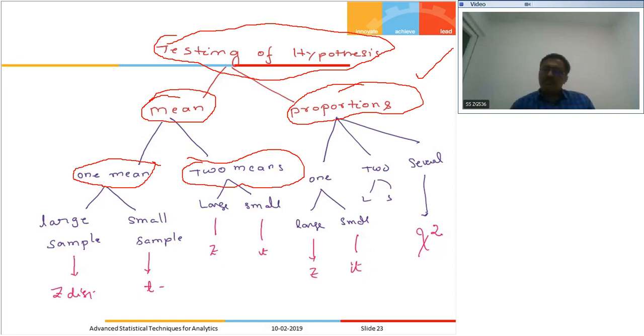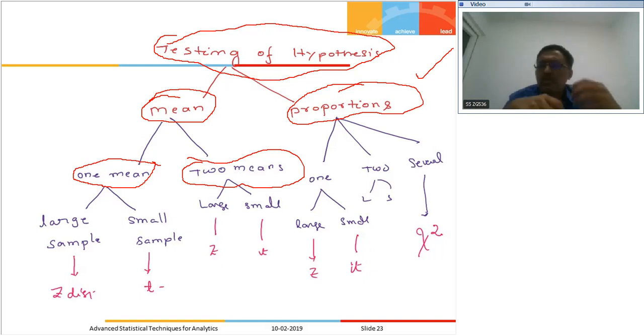What does it mean? One mean problem is what we have seen at the beginning. We had one population, one assumption related to the population. We took one sample, found the sample mean, then tried to validate. That is one mean. What is two means related discussion? You had two populations, one population and another population.